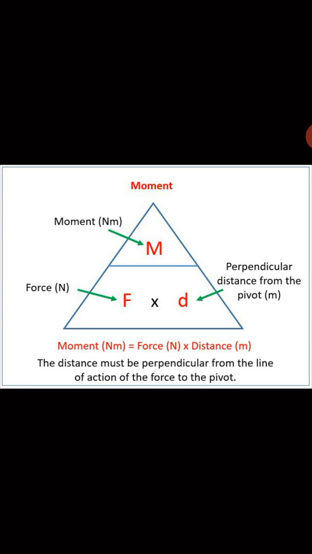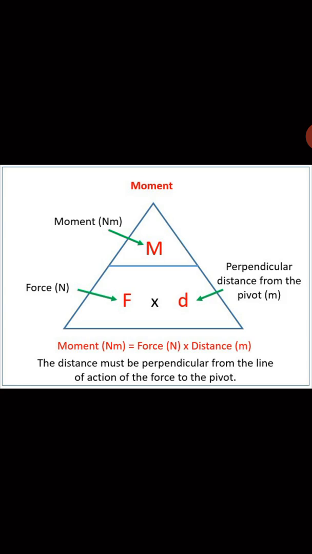So we can use a triangle formula to write the formula for moment of force, where moment of force is right up in the triangle, and on the base of the triangle you have force times distance. This distance is the perpendicular distance from the pivot, and the force is the force applied by us on the object.